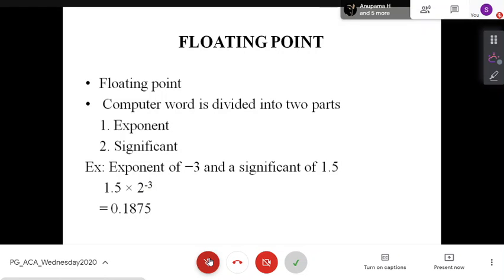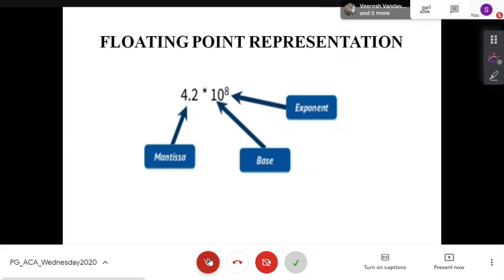As an example, an exponent of -3 and a significand of 1.5 may represent the number 1.5 times 2 to the power of -3, which is 0.1875. So, floating point representation: this figure shows 4.2 as the mantissa, 10 as the base, and 8 as the exponent.